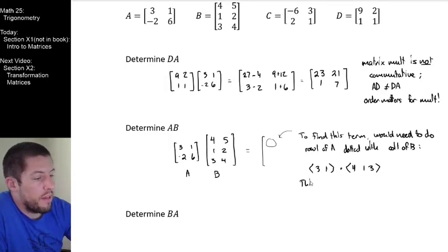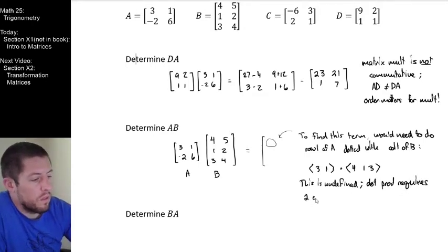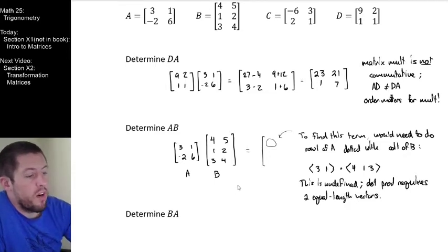This is undefined. Dot product requires two equal size vectors. So it looks like our answer here is that this is undefined.